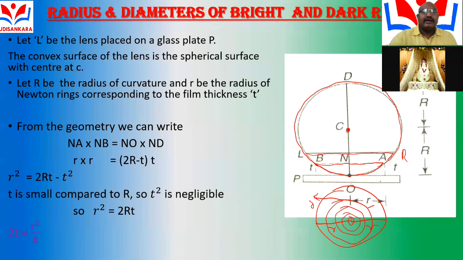Small r is the radius of the Newton ring corresponding to the film thickness small t. According to the property of a circle, NA into NB is equal to NO into ND, where this is the radius r value.